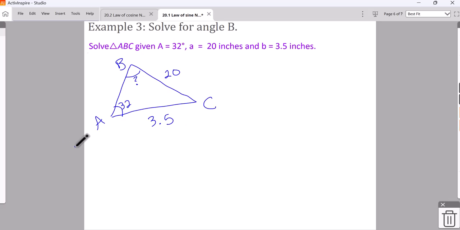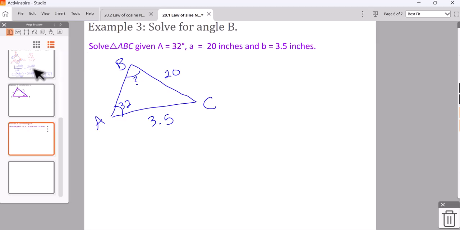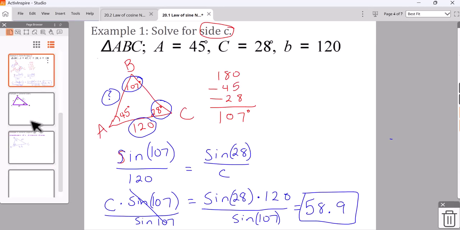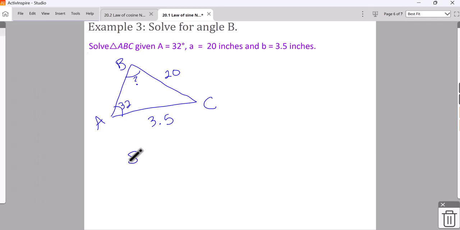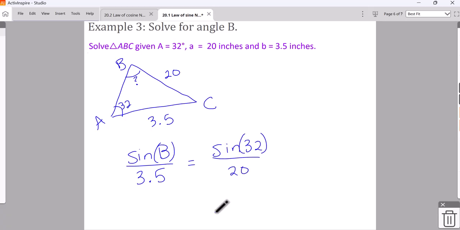I want to set up this problem and show you, because before we solved for a side length, and this time we're solving for an angle measure. Here I'm going to put the one that I'm solving for first: sine of B over the side length that matches it, 3.5, equals sine of 32 over the side length that matches that one.